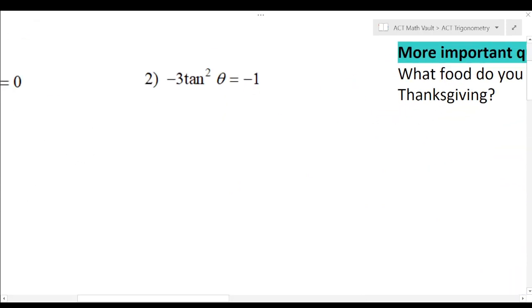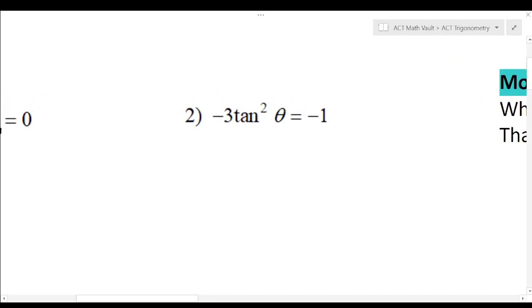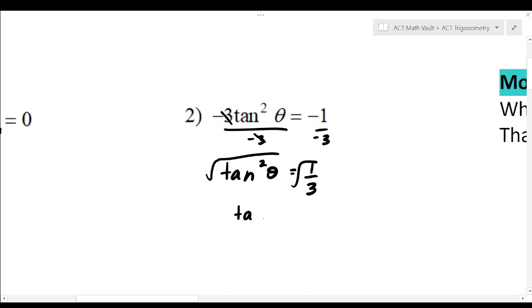The next one, I see a tangent squared in this one. So this might relate to an identity, but maybe in a different list. What I want to do first is divide both sides by -3. Get tangent squared theta equals 1/3. However, I still need to solve for just regular tangent, single tangent. And I'll do that by square rooting both sides.